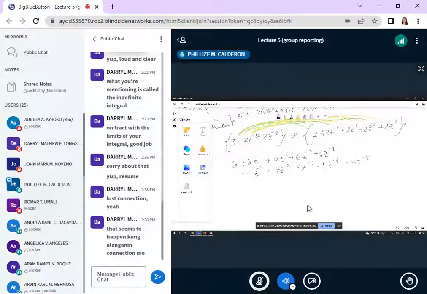Then yung last. Di ba pag nag-multiply tayo, kunwari, x raised to 1 times x raised to 2, nag-a-add siya. Ganun lang yung ginagawa natin dito, kaya lang negative siya. Pag negative, ganun lang din naman nangyayari.